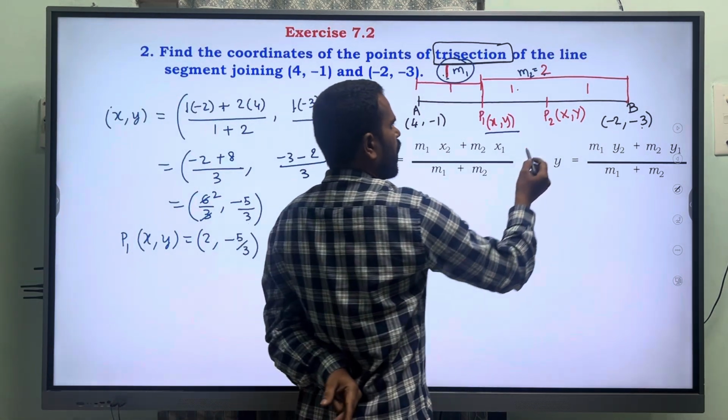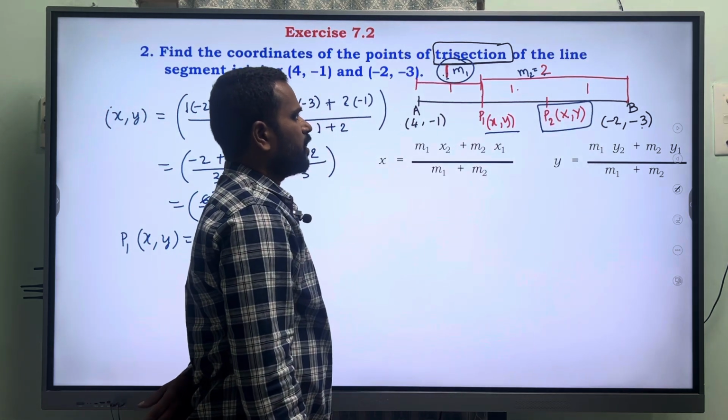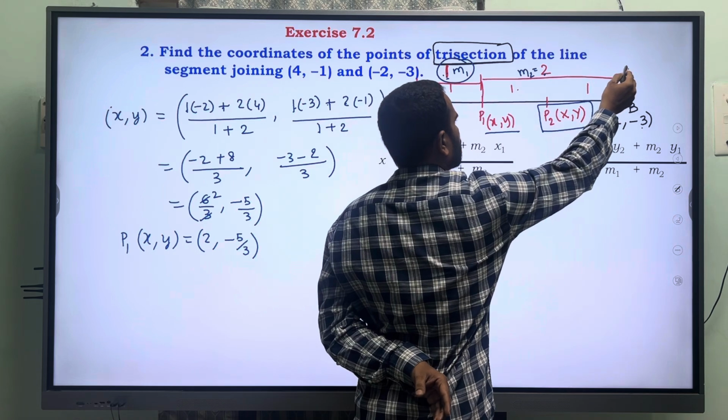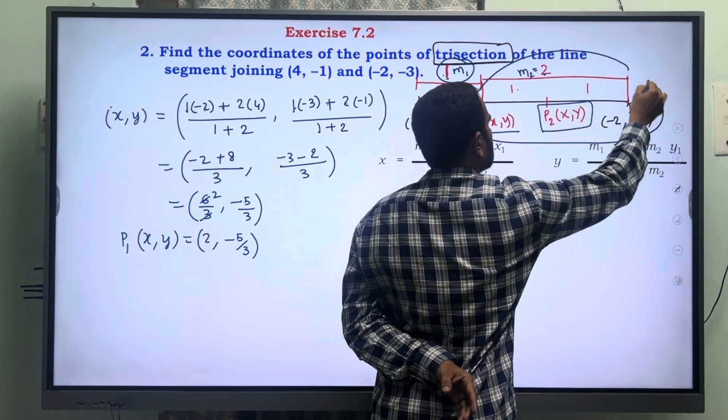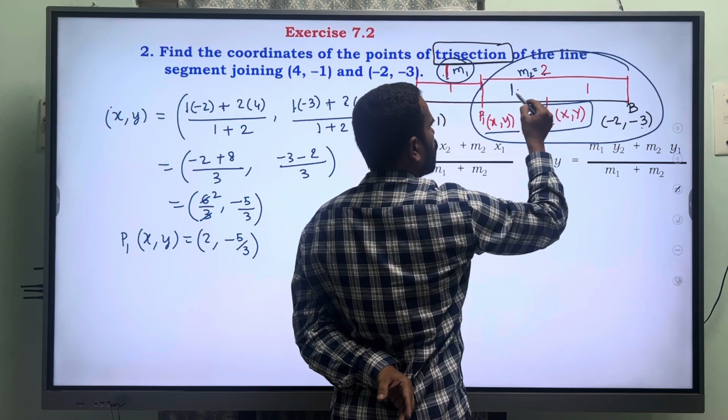Right? Now I need to find P2. Okay, now see here this particular case P1, P2, B. They are 1:1 ratio.